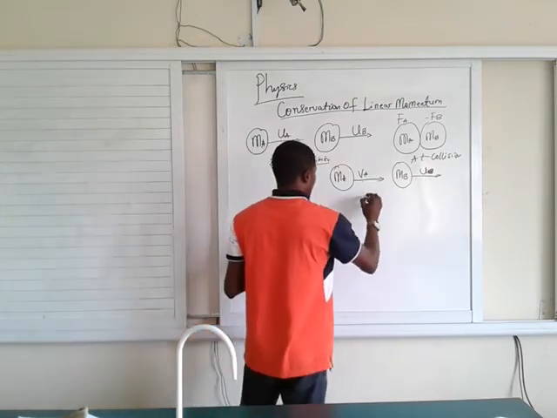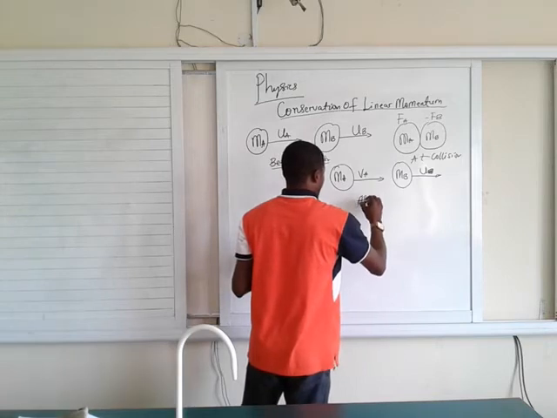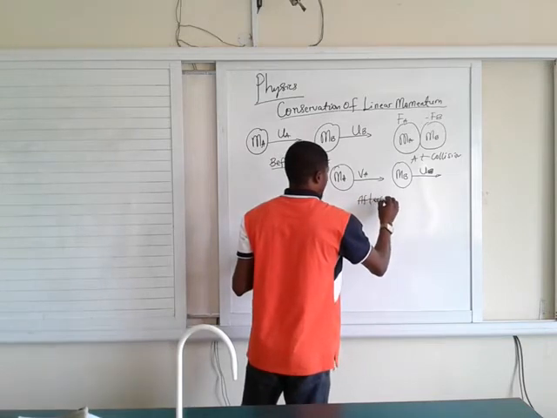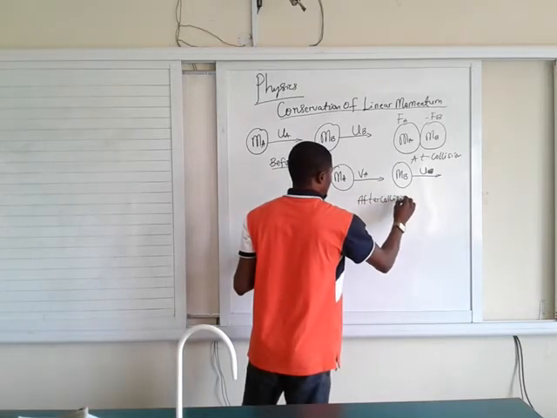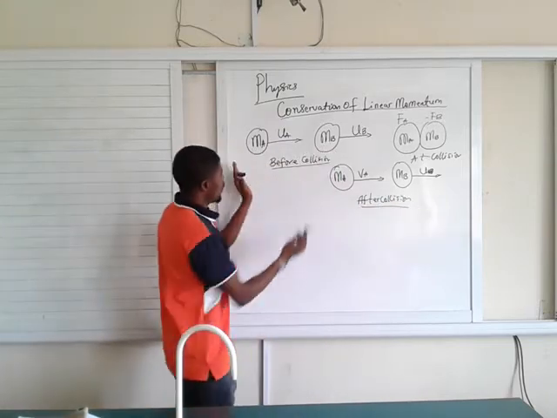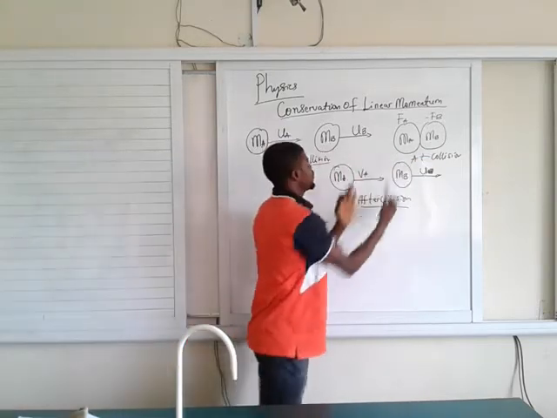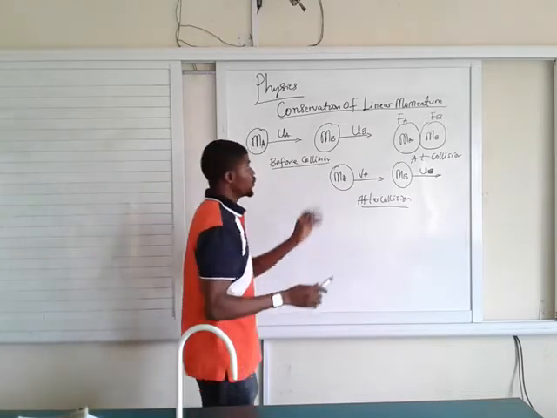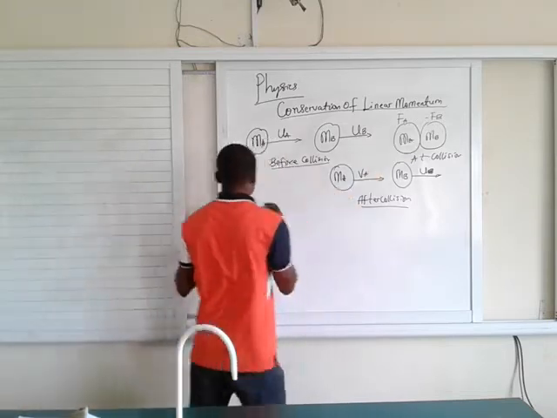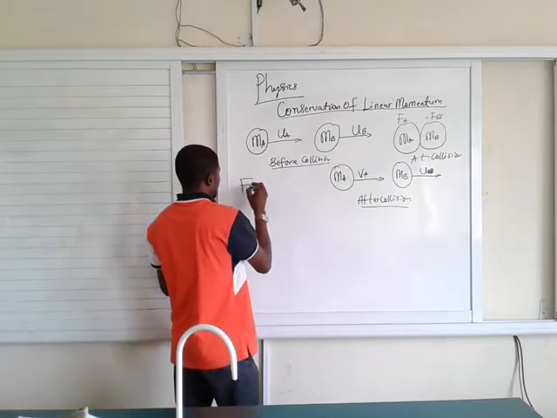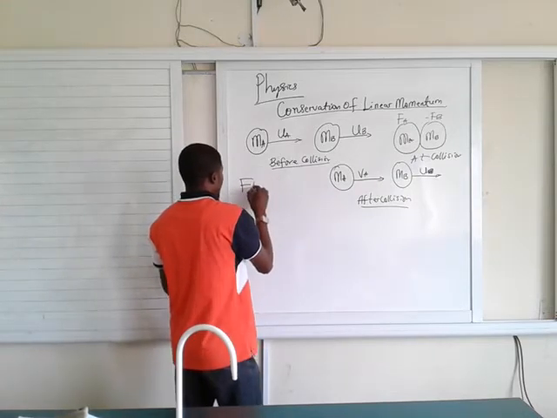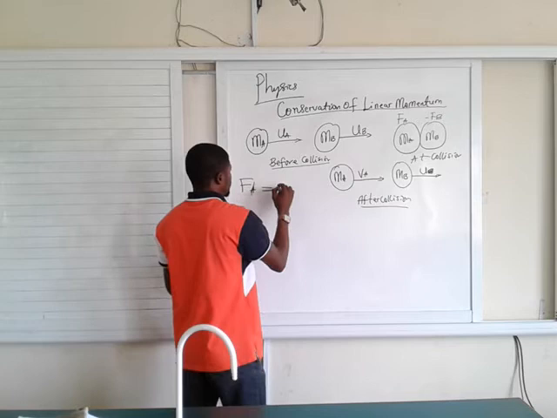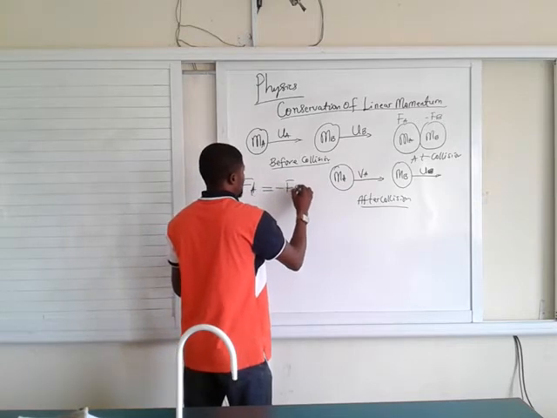So we'll call this one after collision. So before collision, at collision, after collision. Now let's begin. From Newton's third law of motion, which is here, we know that FA is equals to minus FB.